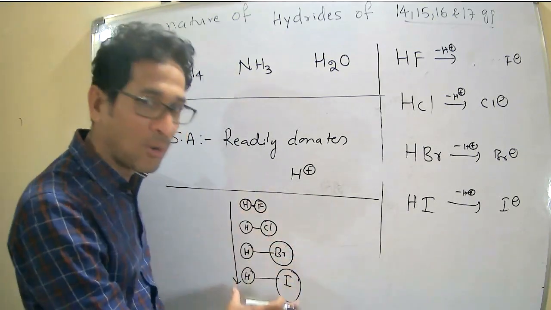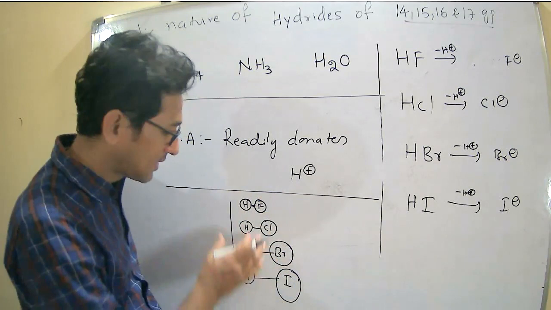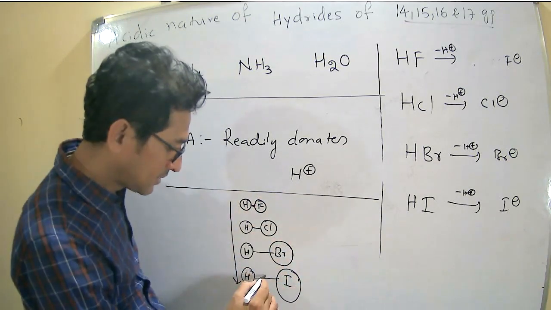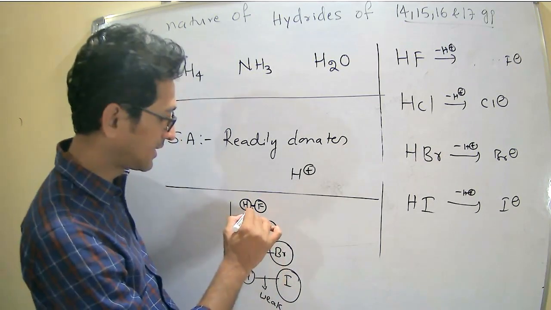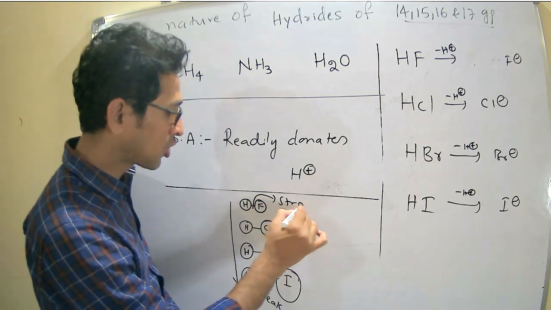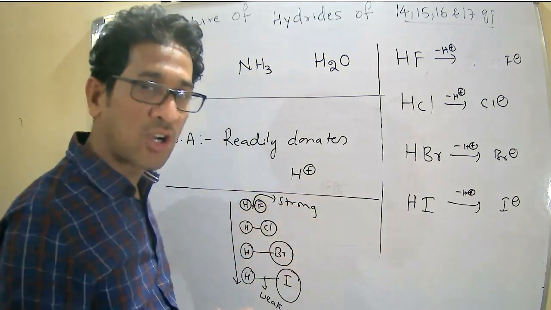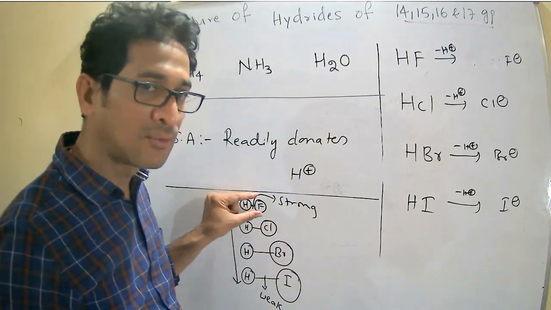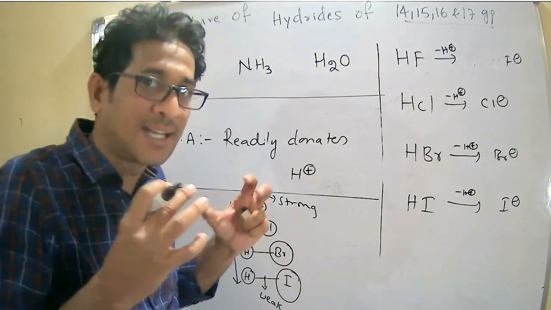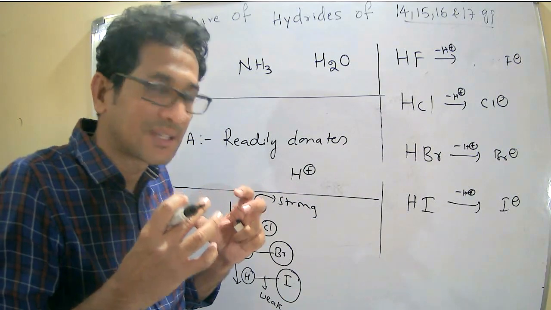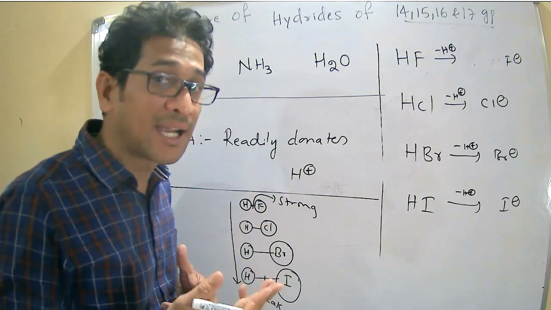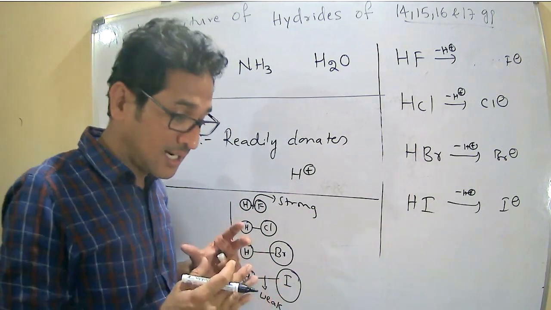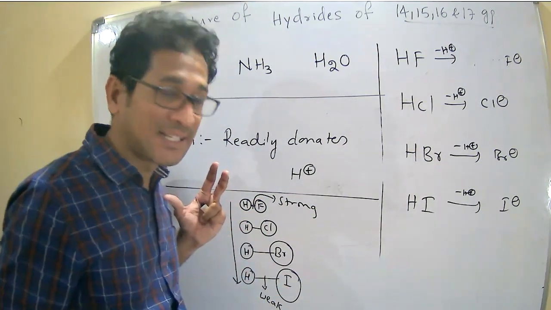This bond is weak and this bond is strong. There is a strong bond between hydrogen and fluorine due to the similar size. There is a weak bond between hydrogen and iodine due to the difference in size.